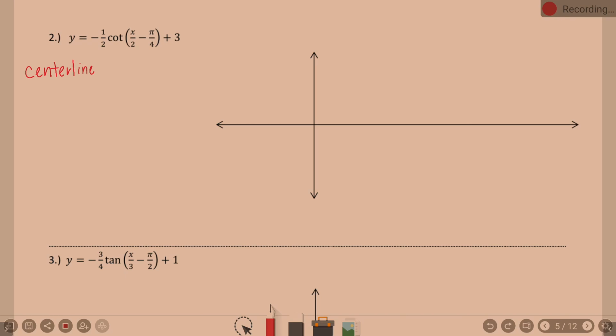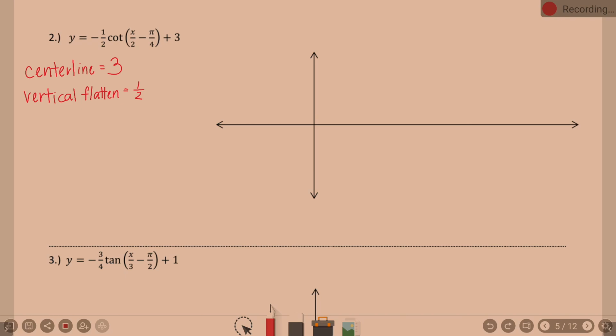Center line is what? 3. Am I going to vertically stretch or flatten this? Because my A value is less than 1. My A value is 1/2. And again, I just want to ignore the negative, right? We're going to vertically flatten, officially by a factor of 1/2.